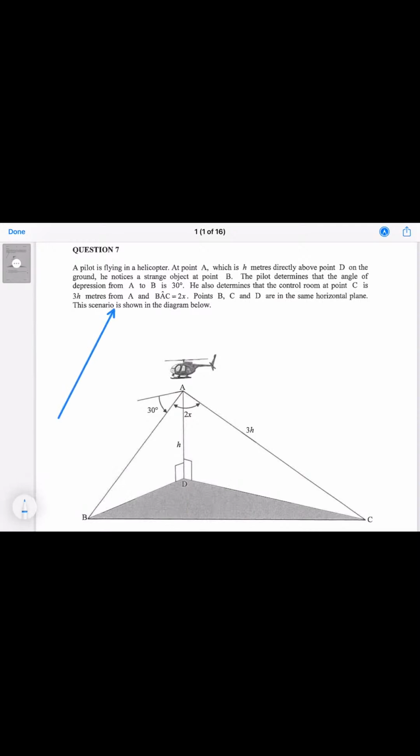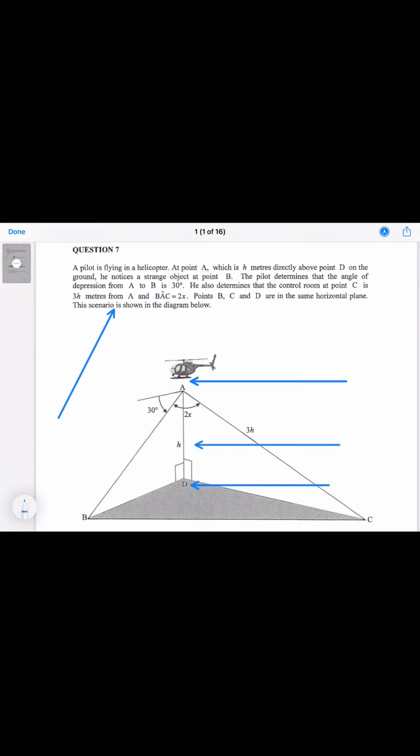And it reads as follows. A pilot is flying in a helicopter at point A. There we can see point A, which is h meters directly above point D on the ground.